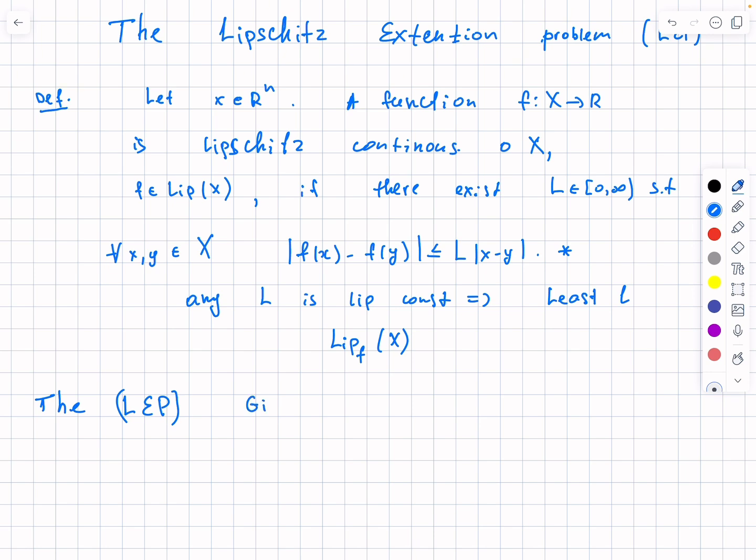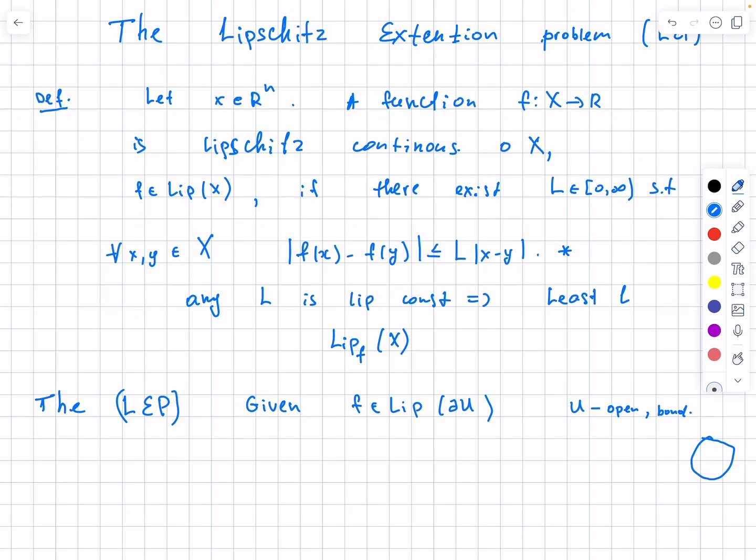Given a function f, which is Lipschitz on the boundary of U. Now our U is an open and bounded domain, something like this, and f is a Lipschitz function on the boundary.